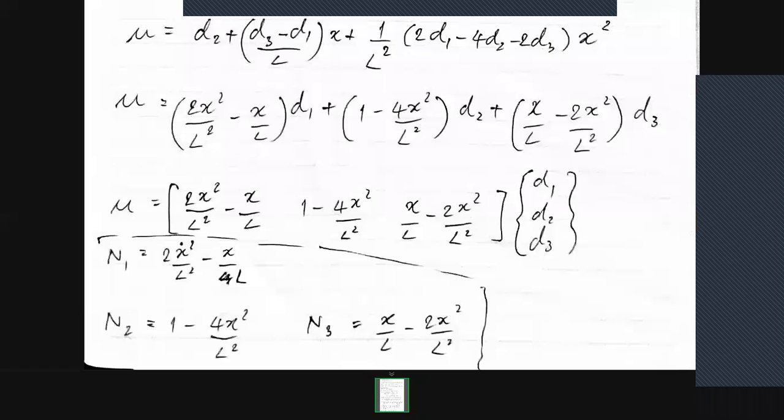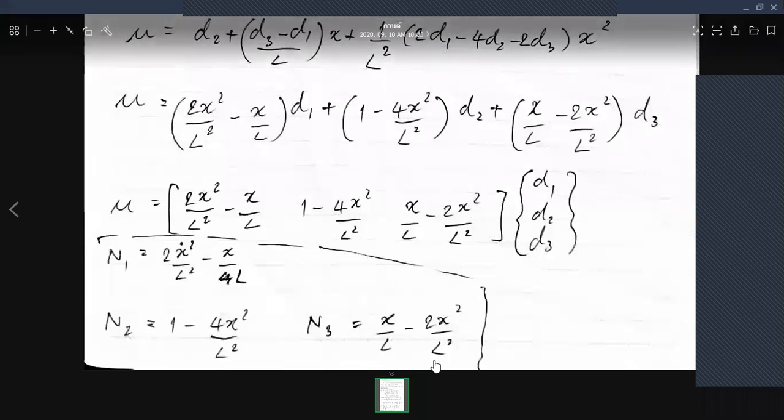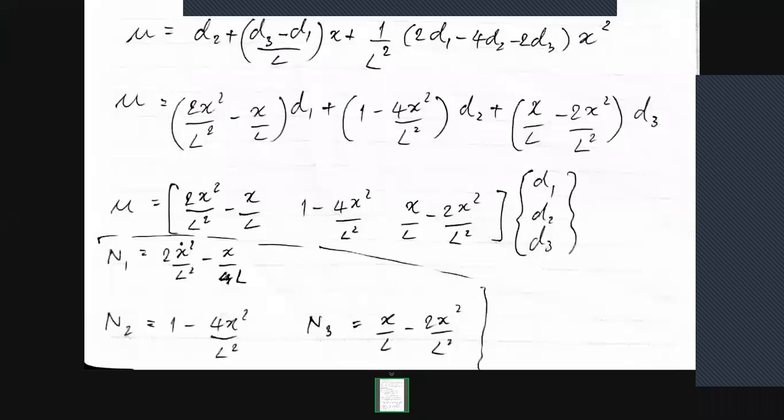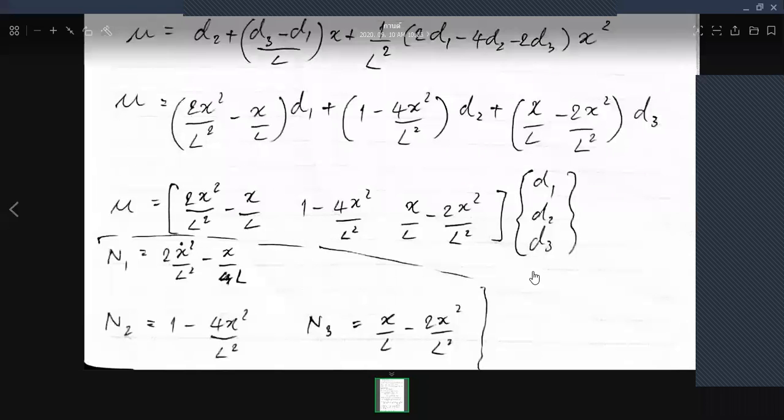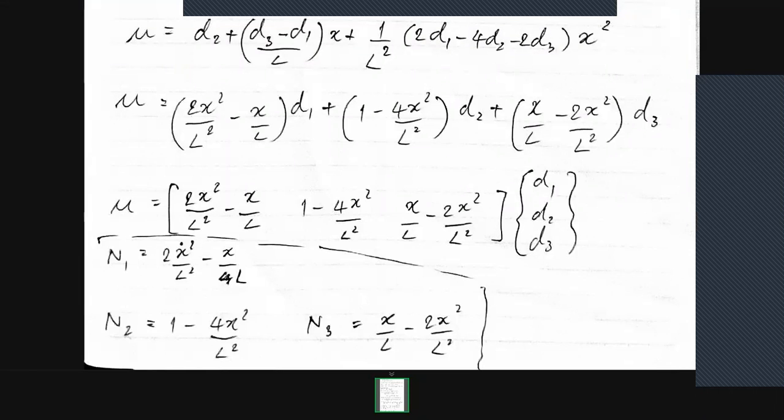Please check shape function number 3. So what happens when you substitute x equal to L over 2 into N3?